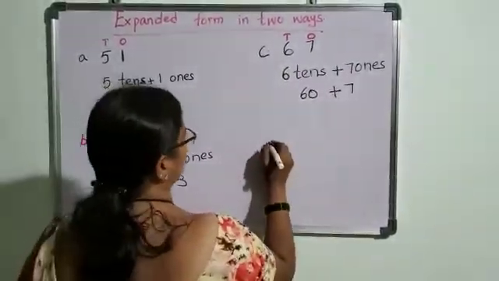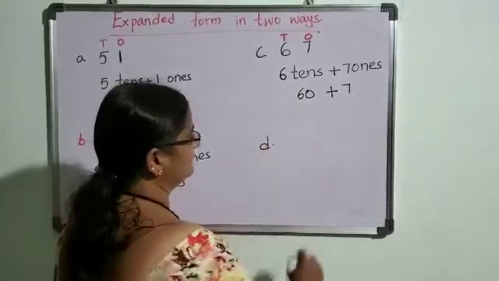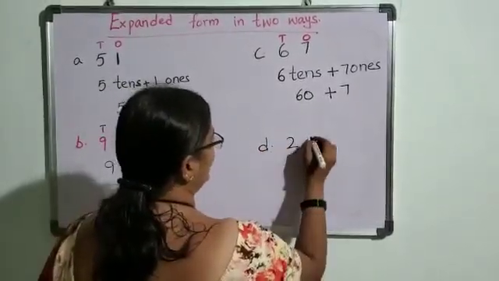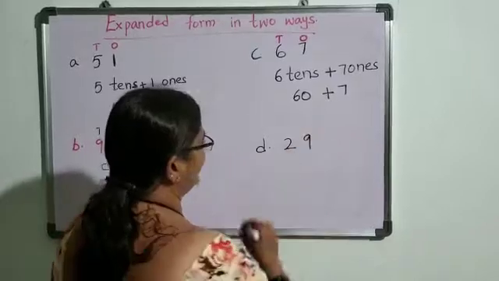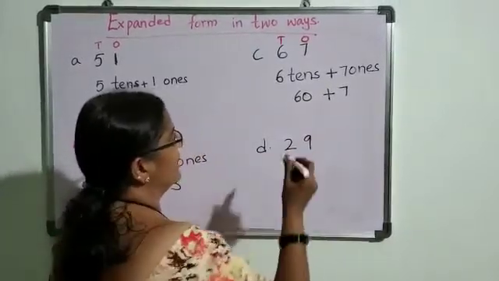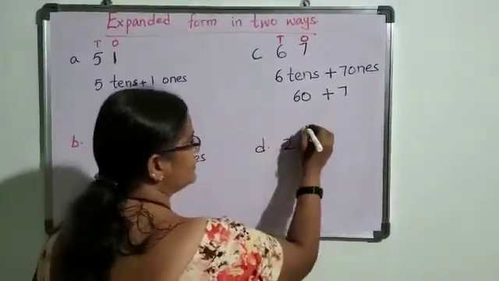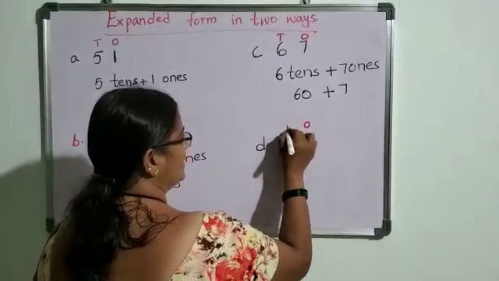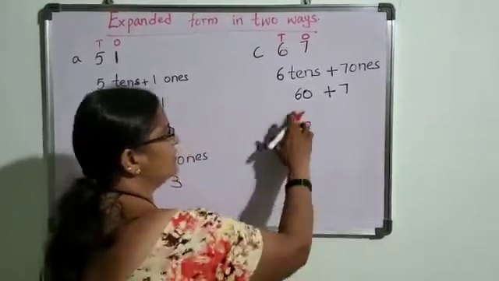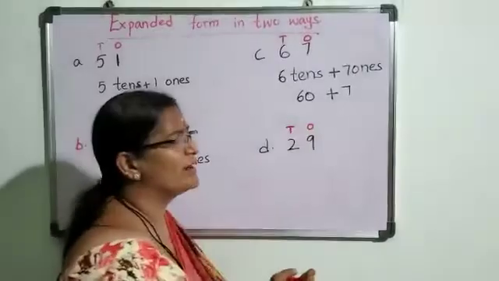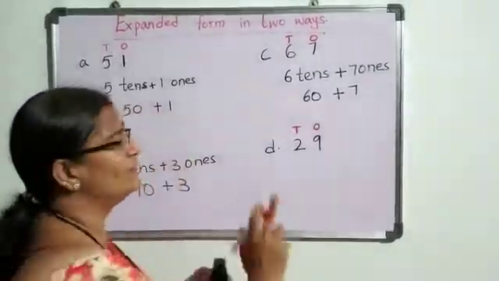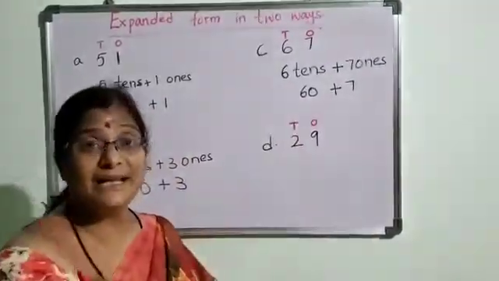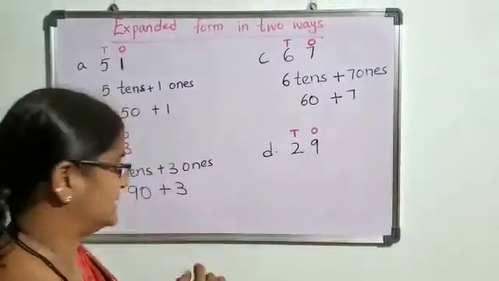Now next. 29. Now again first you should write this one, then only you can expand it. Without writing this one you can't expand it. So first you should write the place value of the numbers.